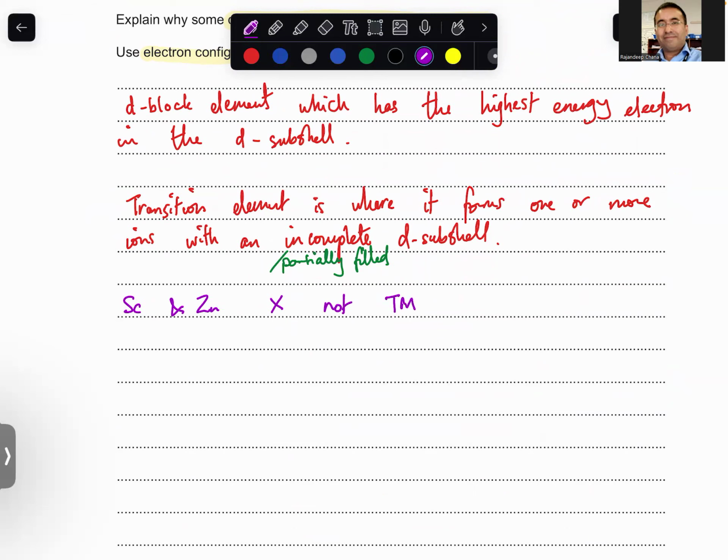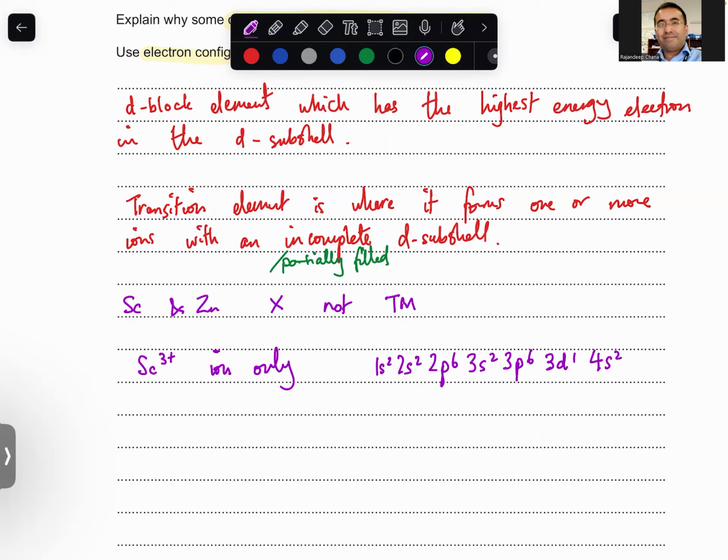If you look at scandium, it only has a 3+ ion. And if you look at the electron configuration of scandium, it's 1s2, 2s2, and so on. That's the full electron configuration.